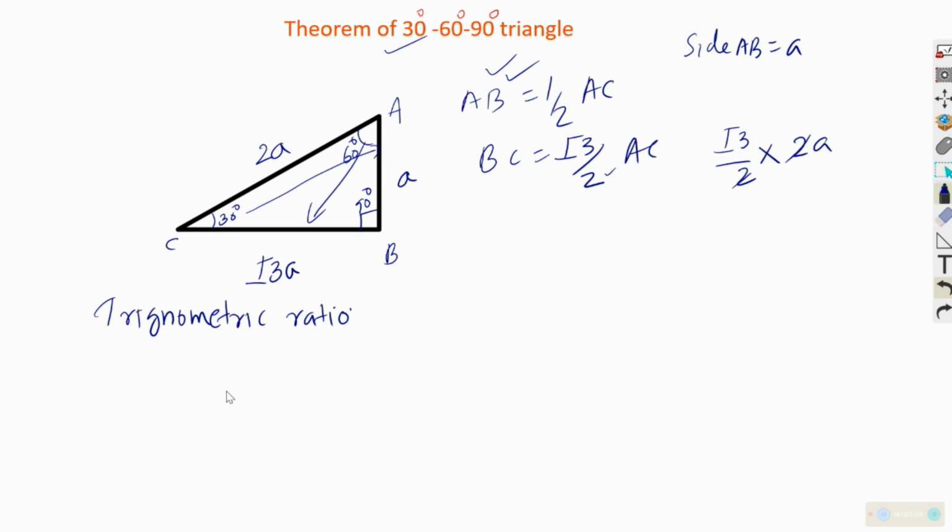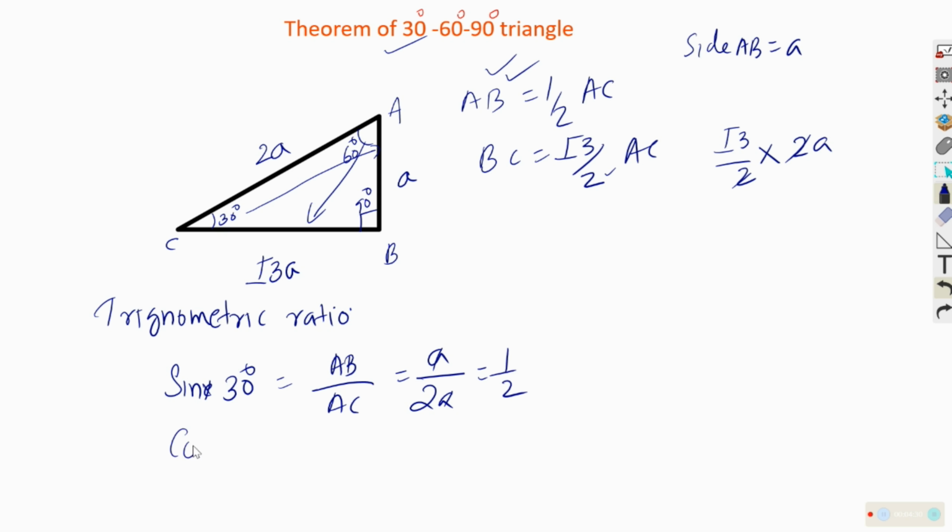The sine ratio of angle 30 is nothing but, in this case, opposite side AB upon hypotenuse AC. What is the opposite side? A. What is the hypotenuse? 2A. The result is 1 upon 2.